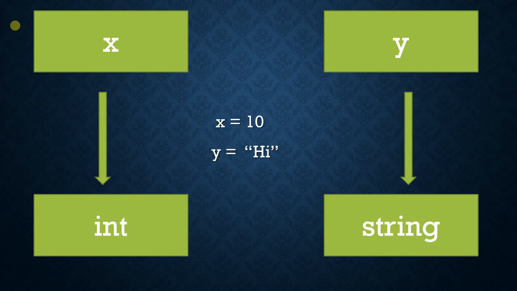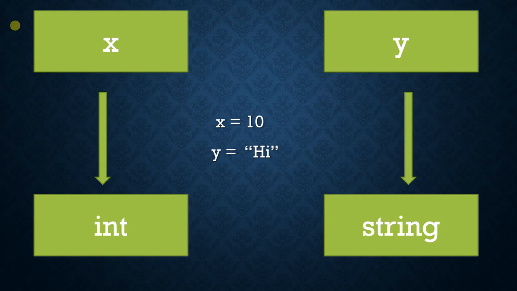So anything written in double quotes or single quotes in Python is treated as a string. And numbers are treated as integers. For example, our X is equal to 10. So 10 is an integer. That means X is of integer data type.